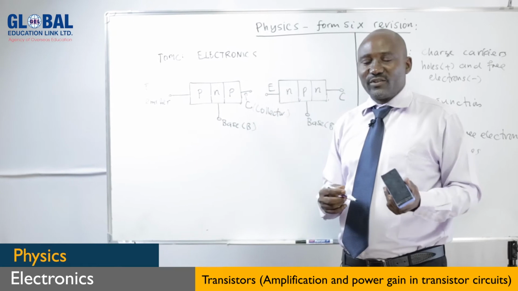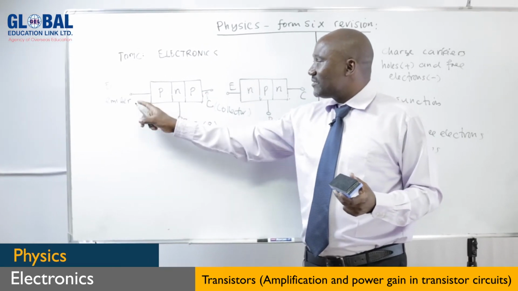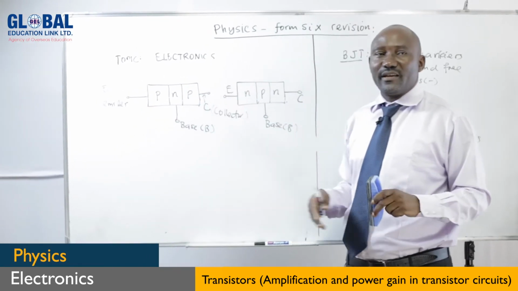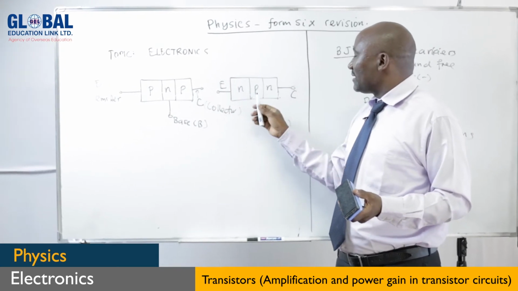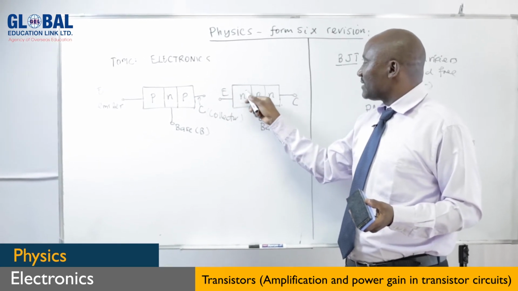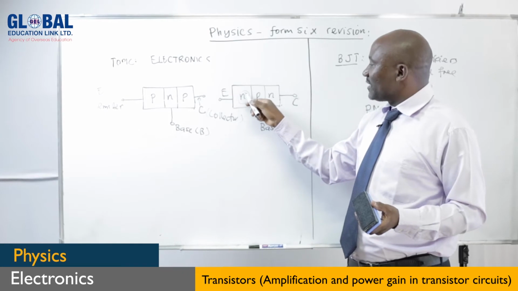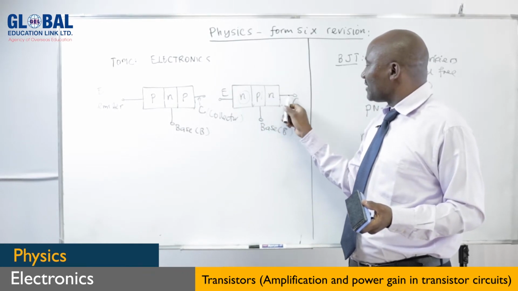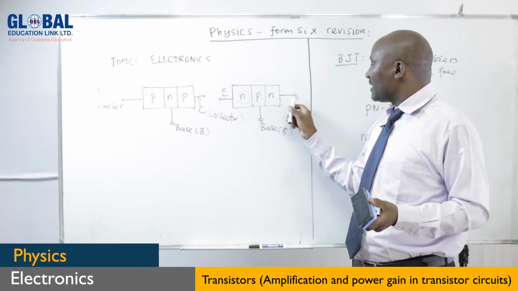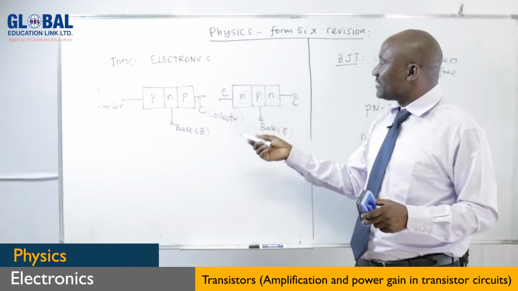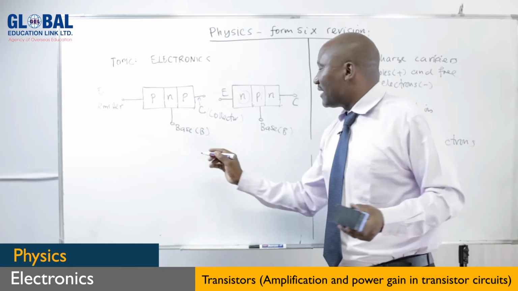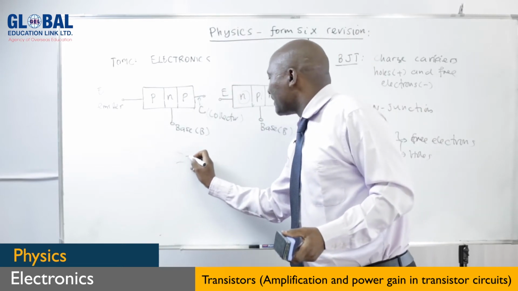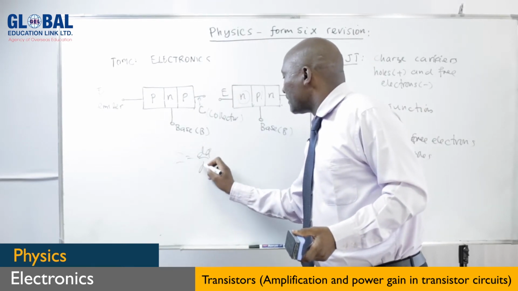So the aim is to make small changes on one side produce high changes on the other side. The same applies here with electrons. If most of the electrons emitted here combine here, the current produced will be very small. We know that when charges flow, we have current. So the current is the rate of flow of charge.